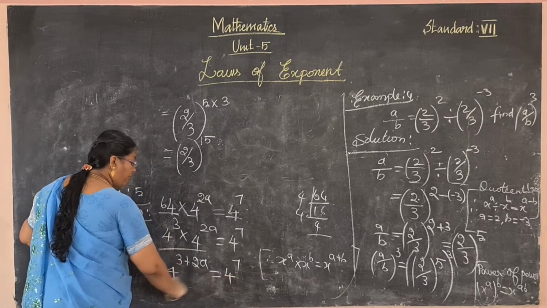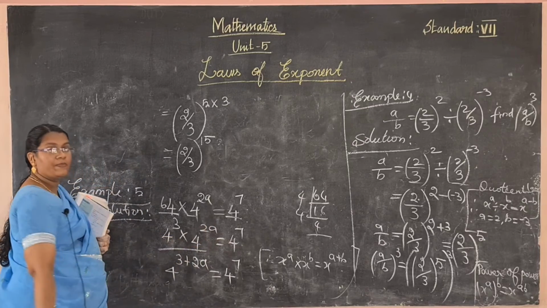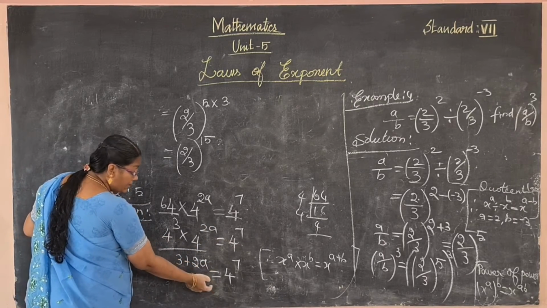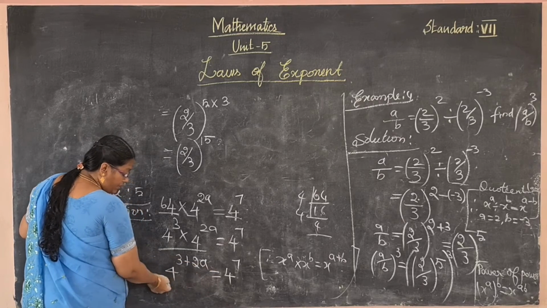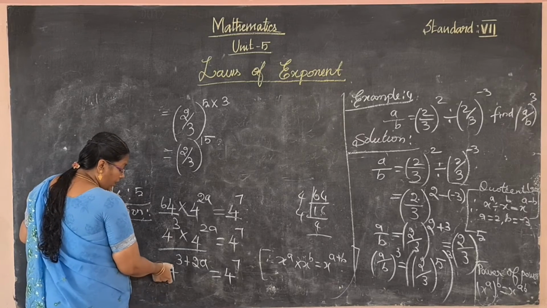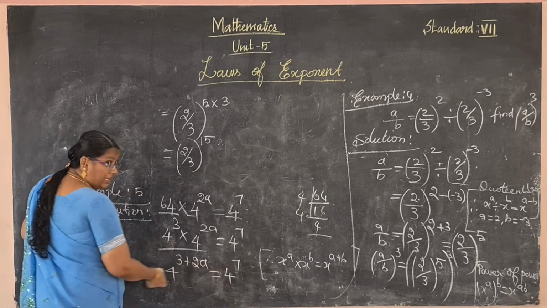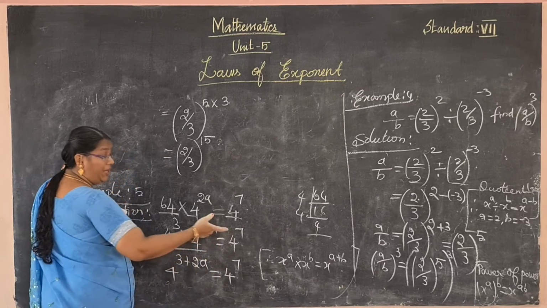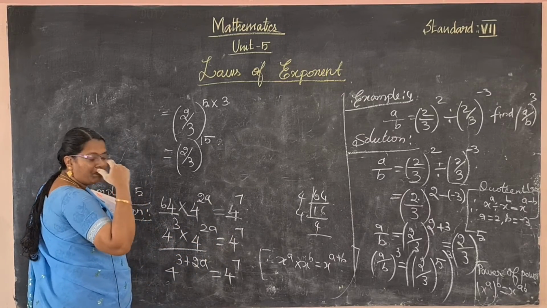The bases are the same, so we equate the powers. Listen carefully here: on both sides of the equal symbol we have powers, and the base values are equal, so compare the powers.